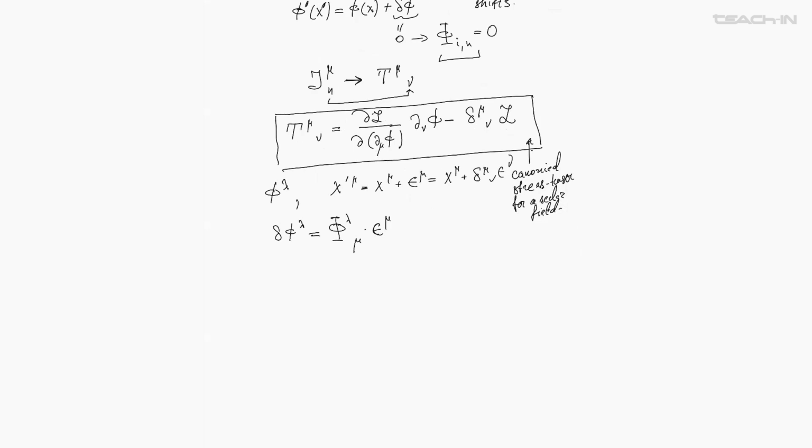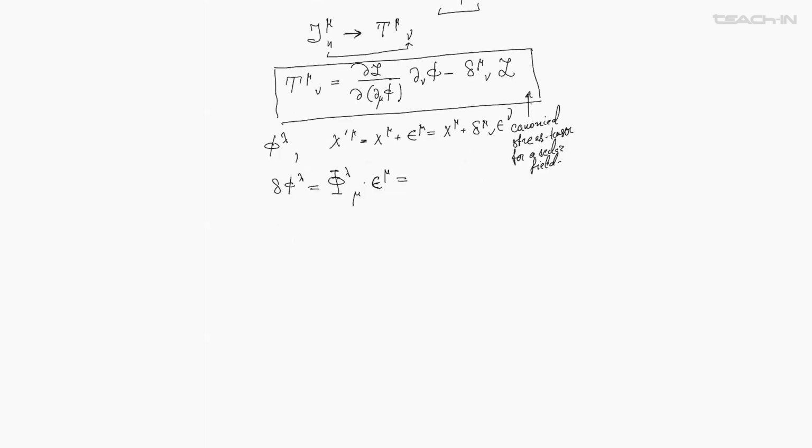On the other hand, this delta phi lambda is the transformation which comes from the general infinitesimal version of the transformation of a vector under the coordinate change. And you know this formula, we discussed it in the first lecture.